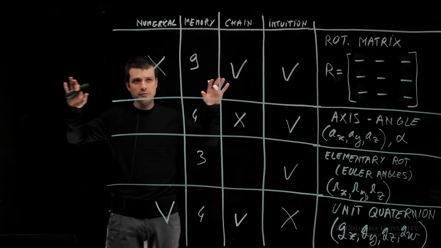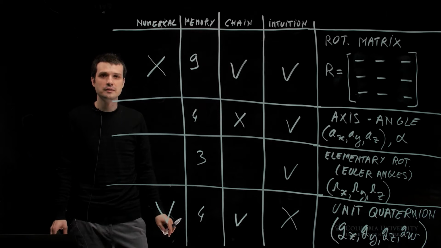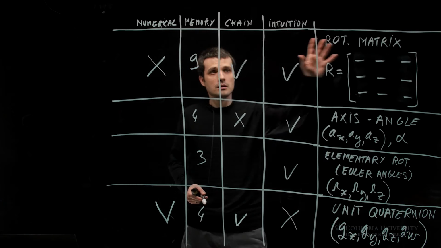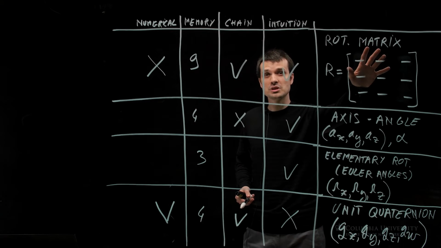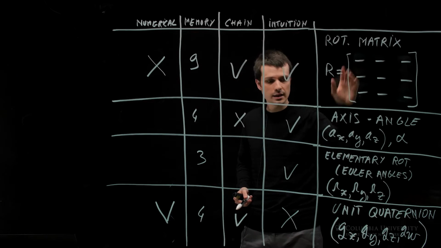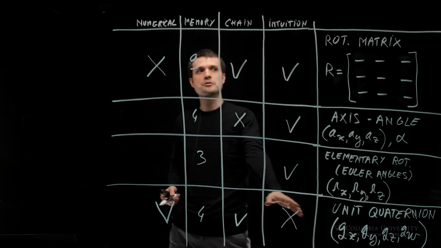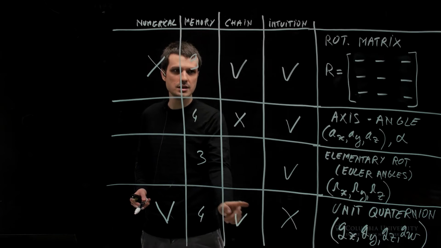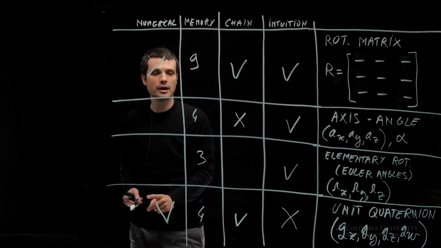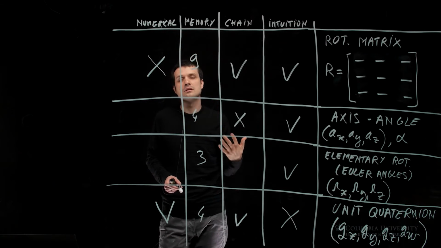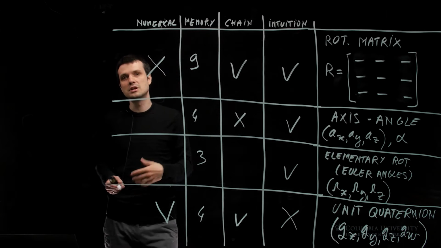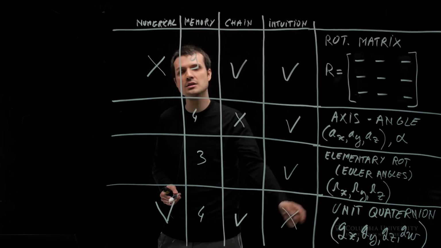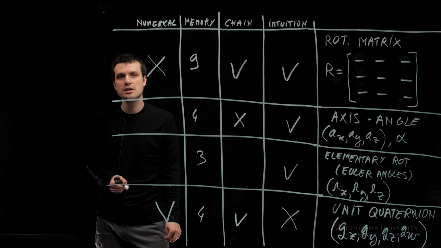So if you look overall at this picture of advantages and disadvantages of various rotation representations, matrices are great for humans to look at, and we're going to be using them a lot. Quaternions are great for computers, where you don't really care about the intuition. Most computer libraries that have to deal with rotations, transformations, will store them as quaternions, will pass them around as quaternions.